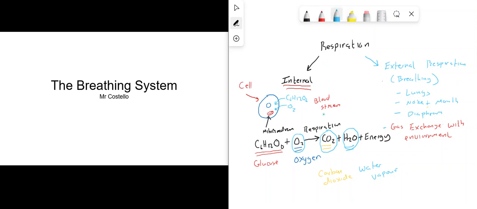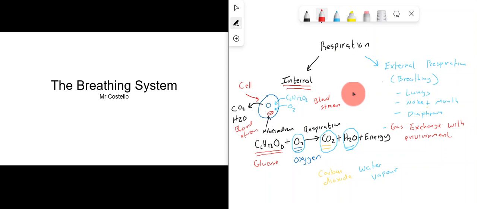And then when the waste is produced, the CO2 and the H2O are also taken away by the bloodstream as well. So you get this interaction between the respiratory system and the circulatory system.